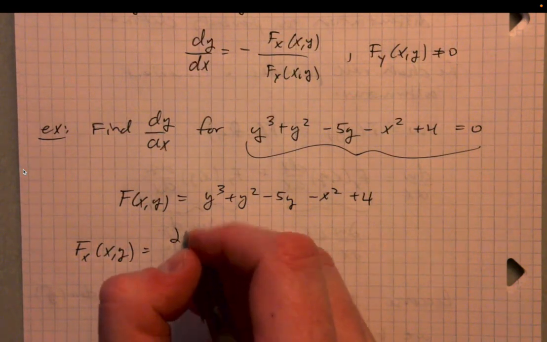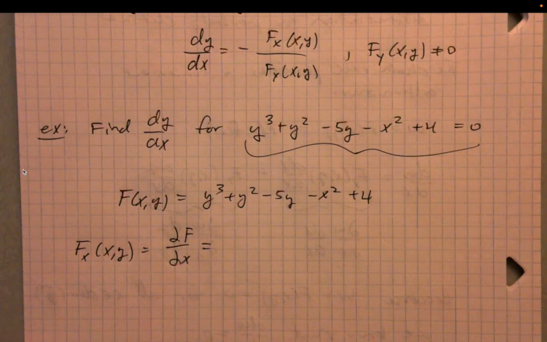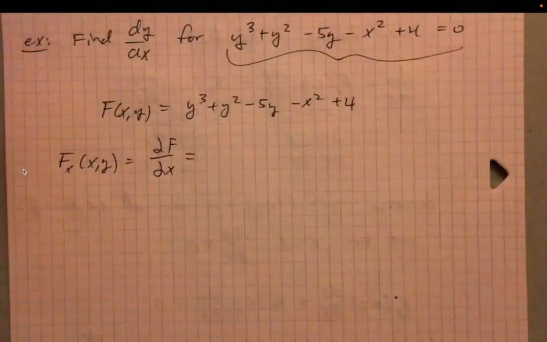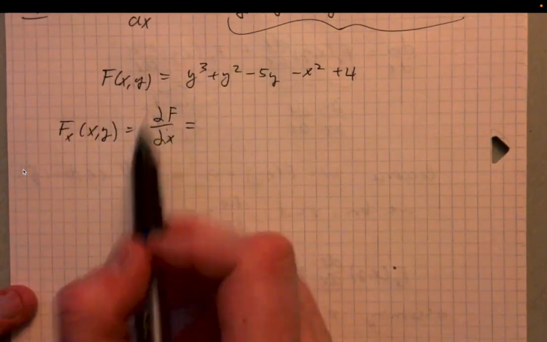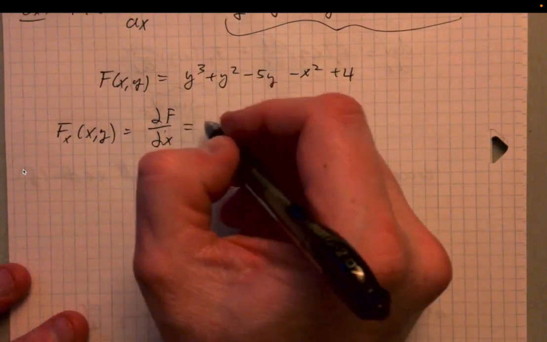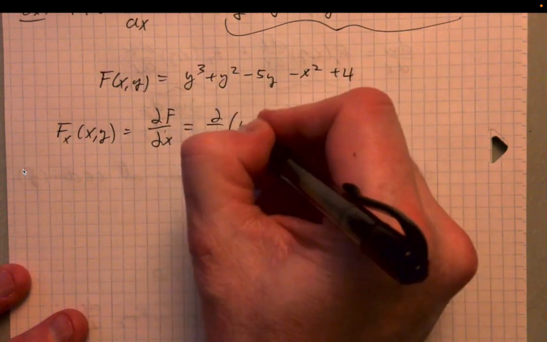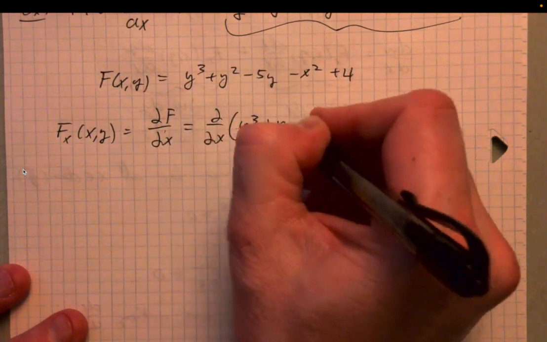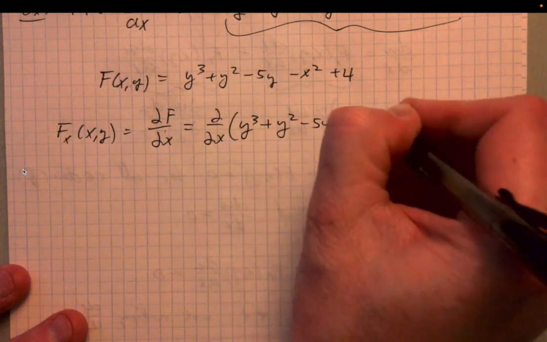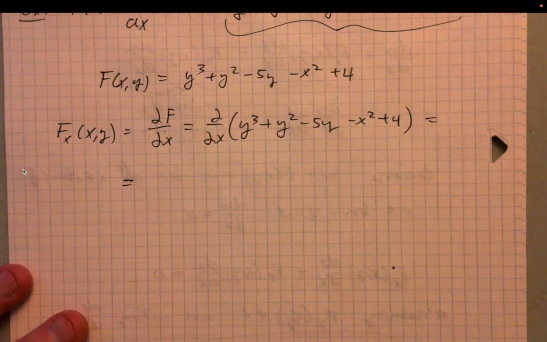This is just the partial derivative. I tend to use the other notation more, but this is how the theorem's stated, so let's go with that. So we just need to find the partial of this. I'm kind of going the long way by using all the notation, but that's fine.